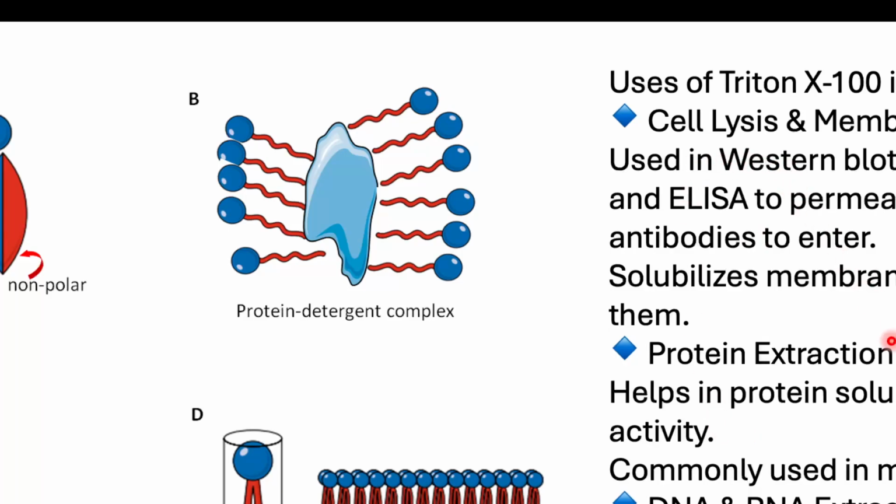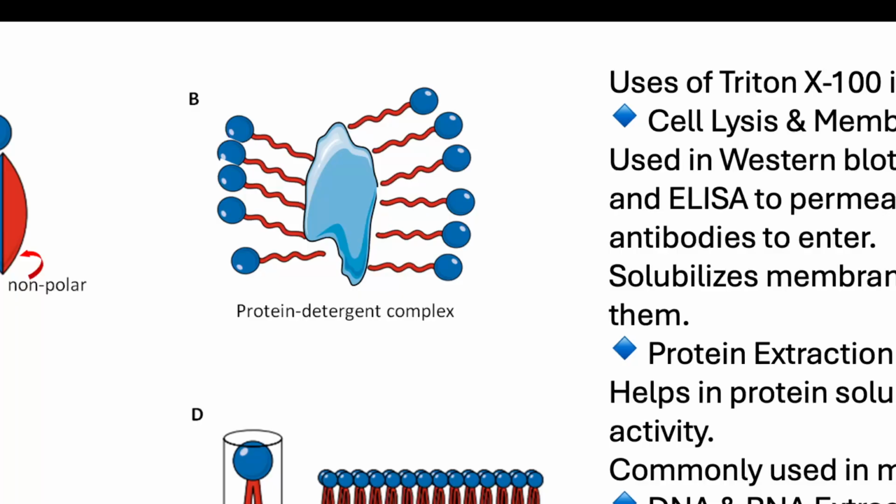Triton X is also used in protein solubilization, in DNA RNA extraction, and viral and bacterial inactivation, because it disrupts the lipid membrane of viruses and bacteria. In industrial application, it is present in cleansing agents, emulsifiers, and some cosmetics. So Triton X100 is a detergent or a surfactant used for cell membrane disruption and permeabilization because it forms micelles, it can aggregate proteins without denaturing them, and it is useful as a detergent forming two interfaces, hydrophobic and hydrophilic, perfectly.